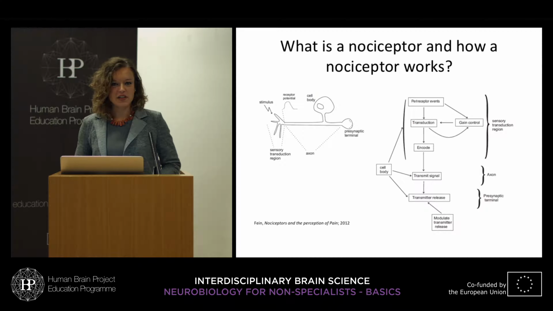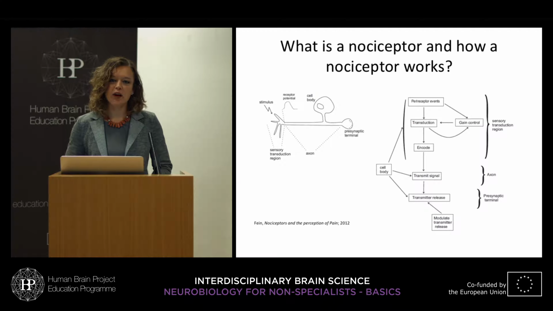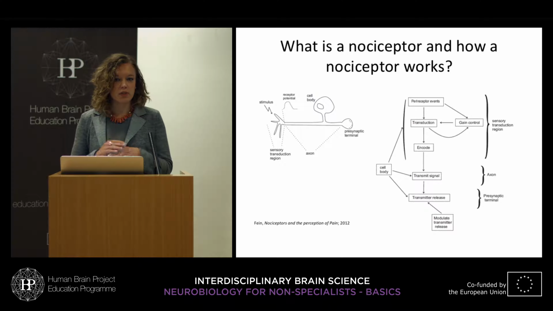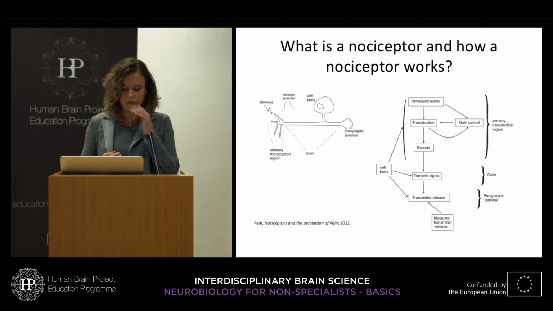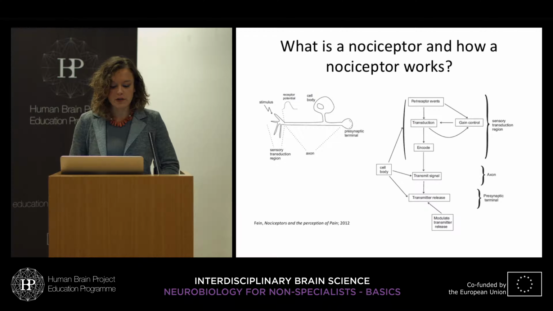So, what is a nociceptor, and how does a nociceptor work? A nociceptor is a free nerve ending in the skin, which is stimulated by different stimuli, like mechanical, thermal, or chemical stimuli. Whenever a stimulus excites the nociceptor, or a tissue damage excites the nociceptor, different pathways are activated.